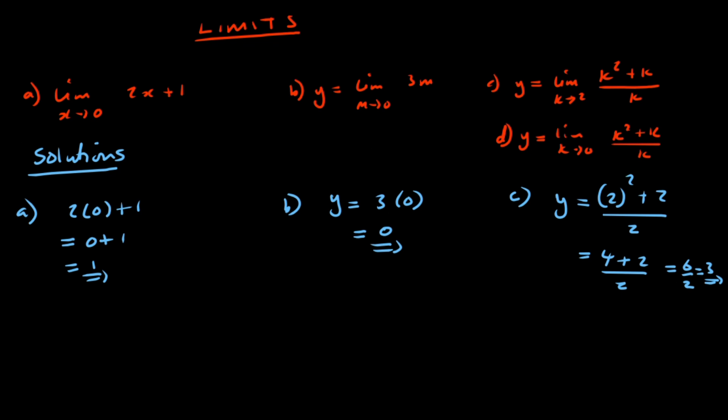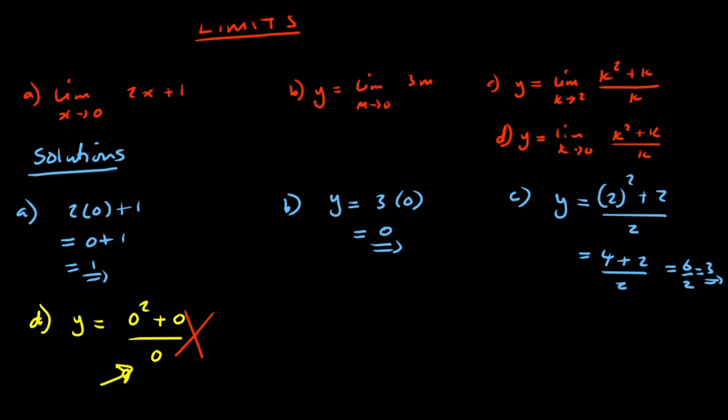But now, if I plug in 0 the way it is, I'm going to get y is equal to 0 squared plus 0 over 0, of which in maths, we never want a situation when the denominator is equal to 0. The denominator must not be 0, no matter what. So you try by all means to avoid this situation. Because once it happens like this, that's bad. So we need to do something about it.